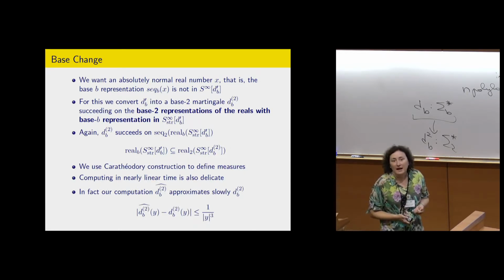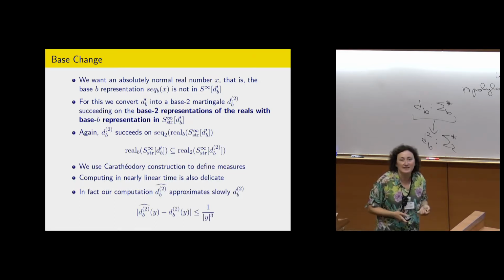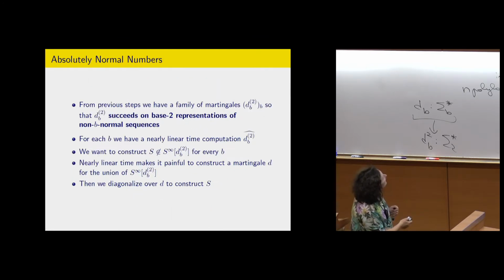That's far worse than we're used to in effective dimension, but still it works. What we learned is that if you get much slower approximations for gales or martingales, you can still do a theory, but your properties all have to be carefully tailored for this. You can still diagonalize and have the usual properties, but you have to be a bit more careful.